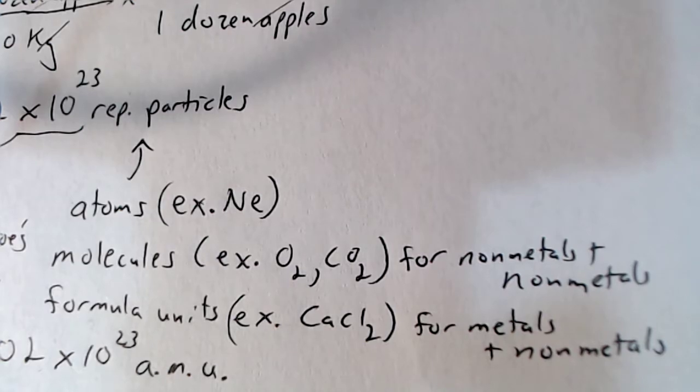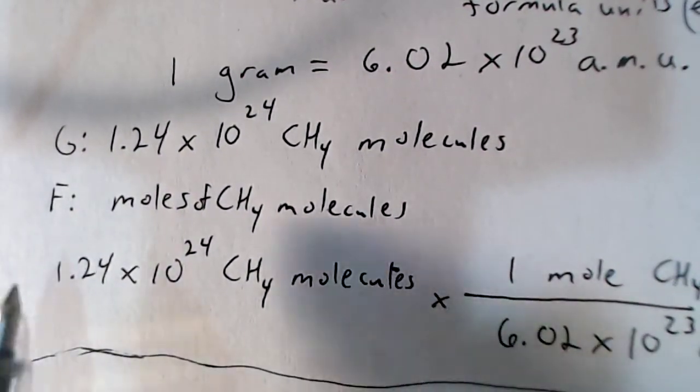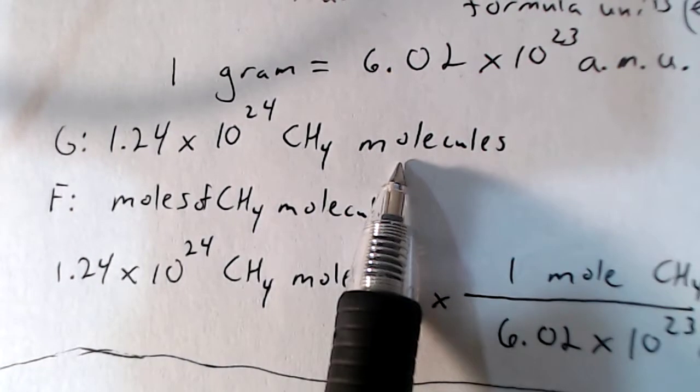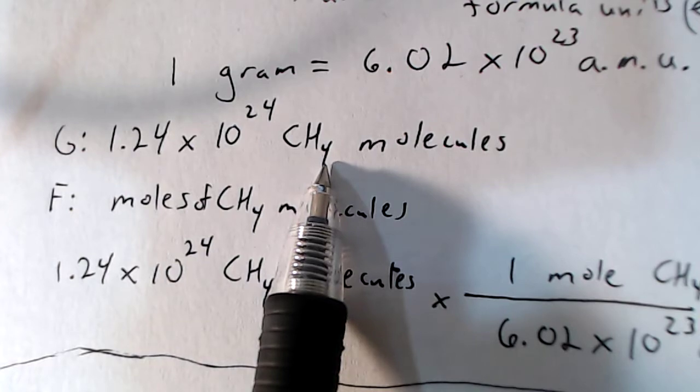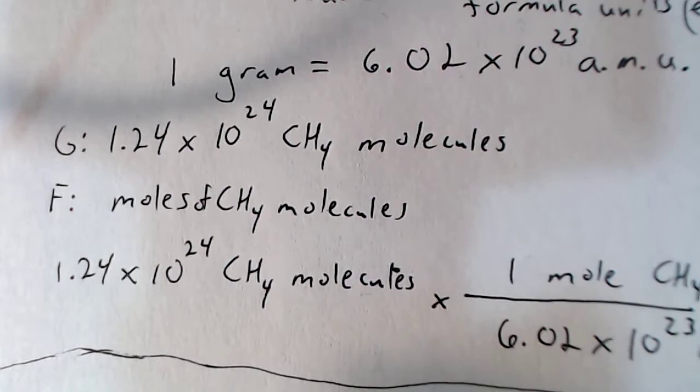All right, so let's see if we can do a conversion. Let's say that we had 1.24 times 10 to the 24 methane molecules. Methane is the main component of natural gas. We use it to heat our homes, power many of our power plants, and heat some of our stovetops.